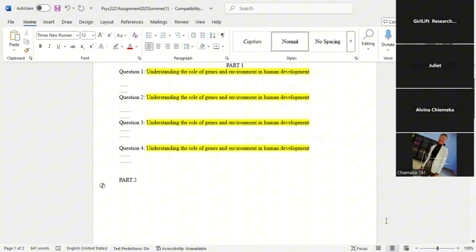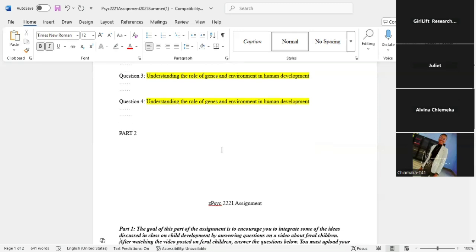I'm kind of confused, because question 1, you understand the role of gene and environment in human development. You repeated it in 4 places, the same thing. These ones are just not to kill our time, but for each question, we'll pick out the particular subtopic. So I just did this for purposes of explanation.